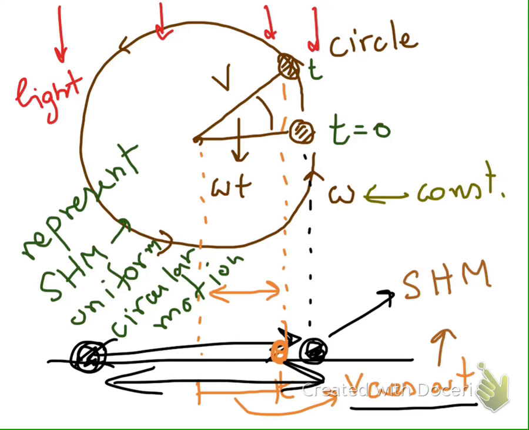If you have a uniform circular motion and you look at the shadow of the object, the shadow will move as a simple harmonic motion.